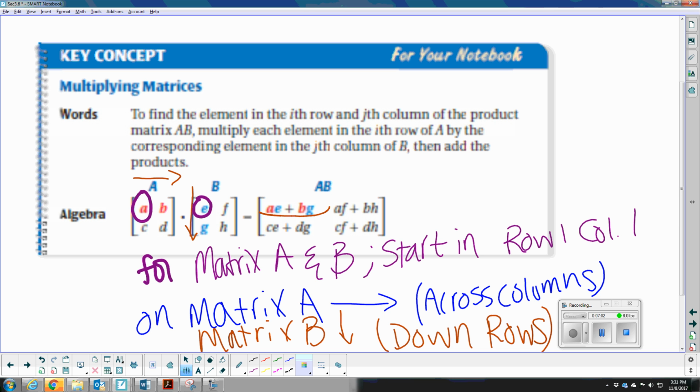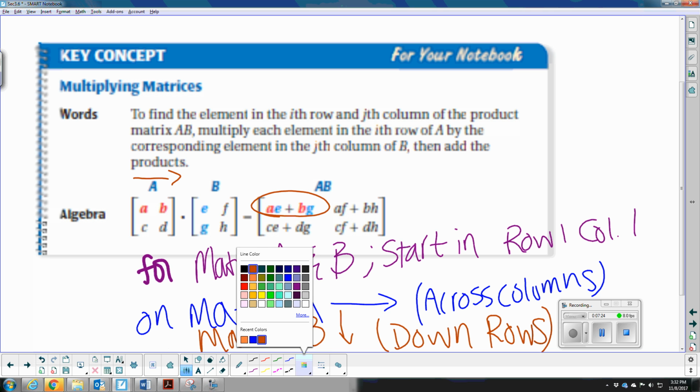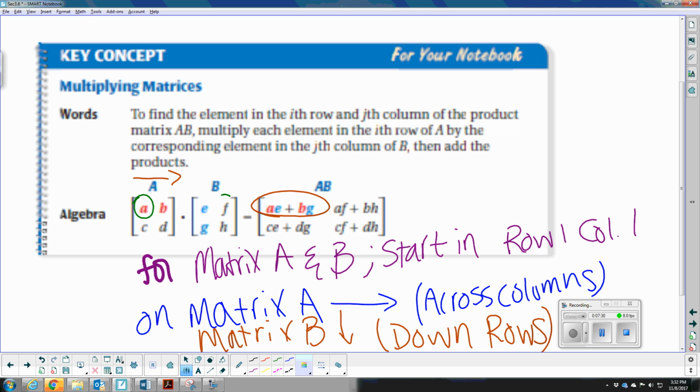So our first term here is AE, plus move across the row, B, and move down the column, G. And then our second term, because we're going to go back, first column, first row, AF, we already did A times E, so now we're doing A times F plus B times H. So again, we're moving across row, down columns, and that gives us our first row, second column.